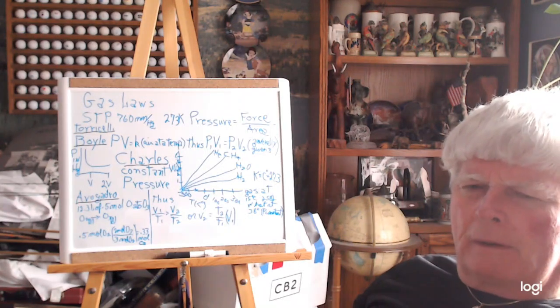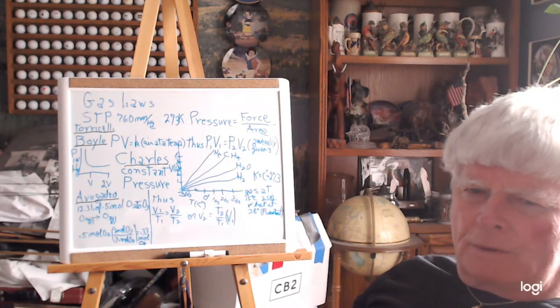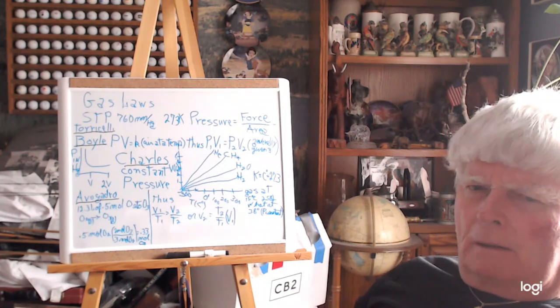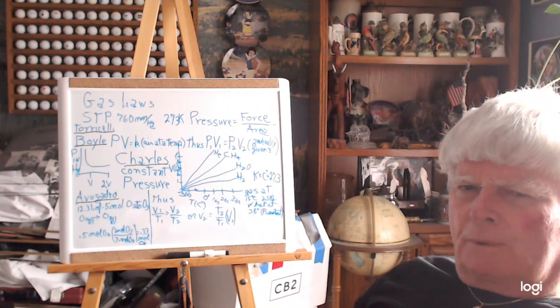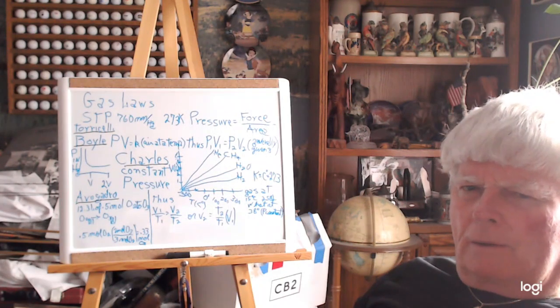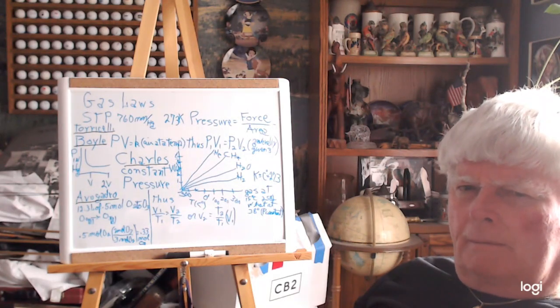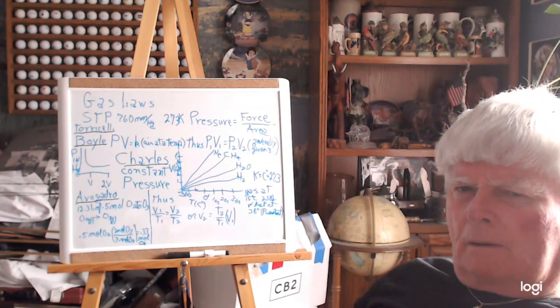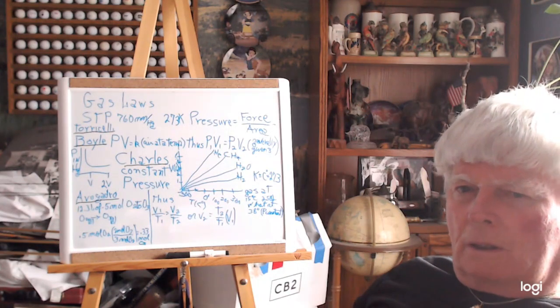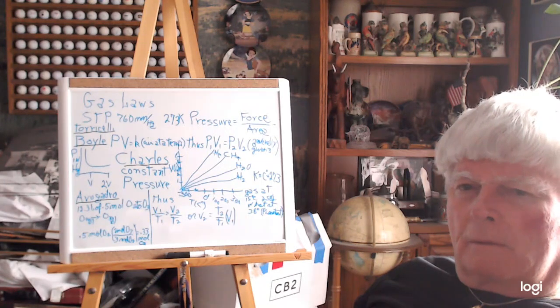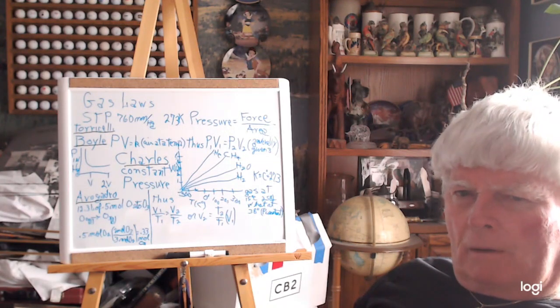So a liter of hydrogen, a liter of helium, and a liter of methane gas all contain 6.02 times 10 to the 23rd. Now the hydrogen and the helium are elemental, the hydrogen being a diatomic molecule and helium being monatomic, and the methane is a molecule. So the difference is the type of particle involved.